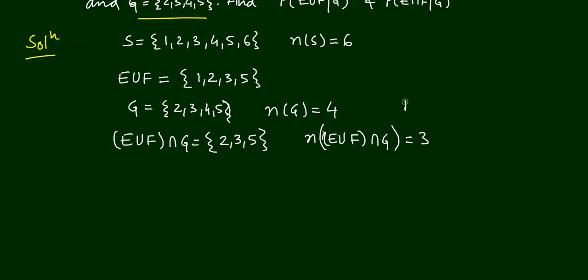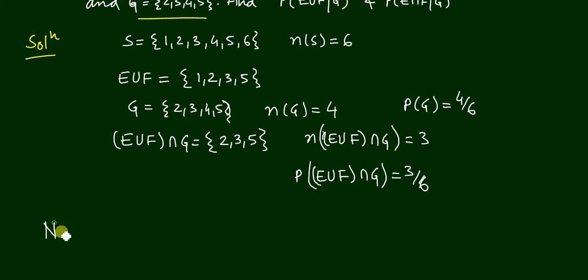Now we require the probability of G also here. So probability of G will be 4 upon 6, and probability of E union F intersection G is 3 by 6.